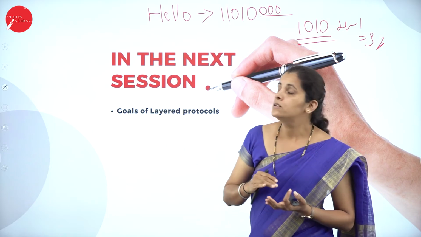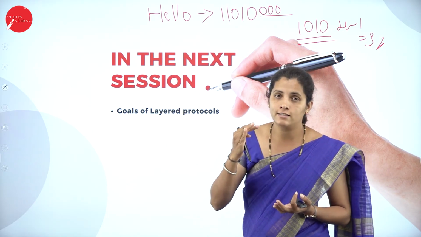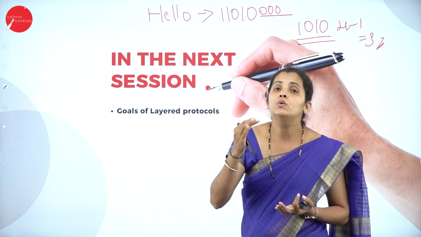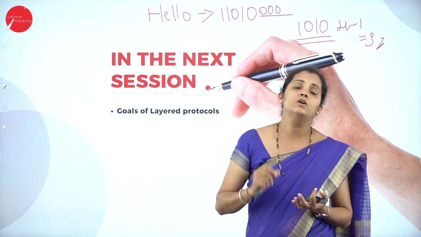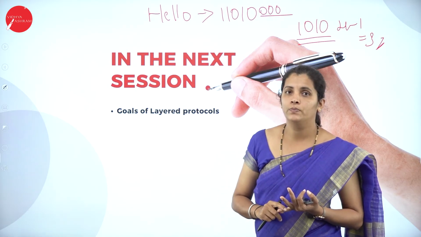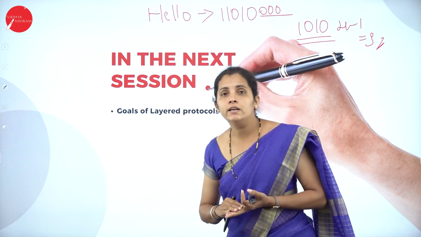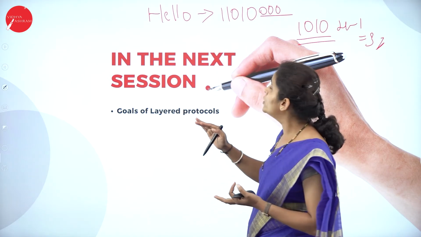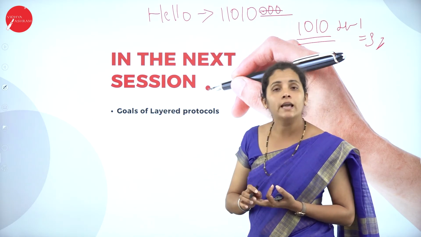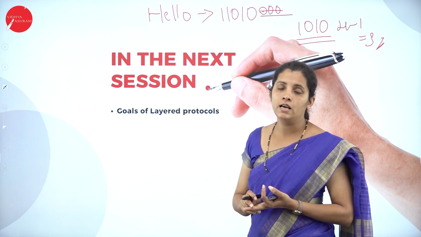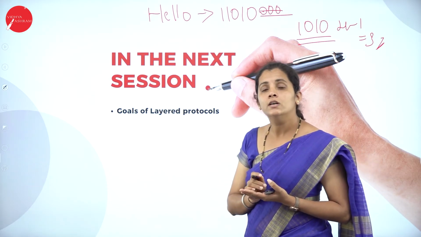Dear students, please remember that to calculate CRC, whatever value we get as remainder is your CRC value. In the next step, the sender is going to replace these zeros with the calculated CRC, and the sender is going to send the data to the receiver.